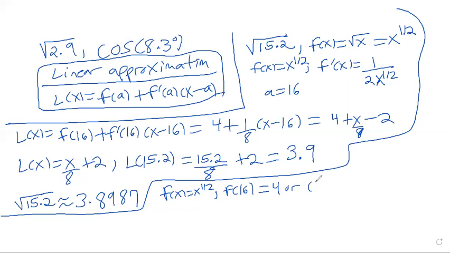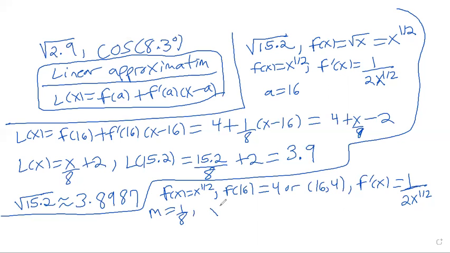Or we can just say the point 16, 4. And we know that the first derivative is just 1/2 over x to the 1/2 power. So first off, I plug 16 in here. Square root of 16, or 16 to the 1/2 power, is just 4, times 2 is 8, so 1/8. So m, our slope, is 1/8.